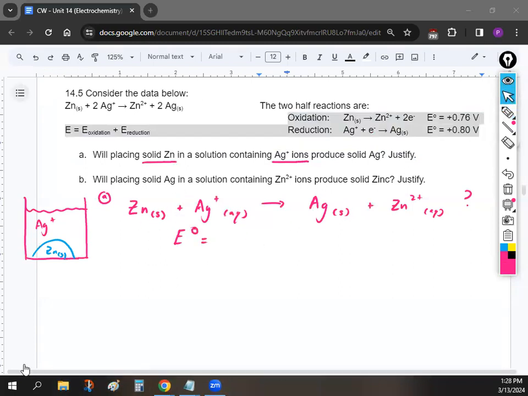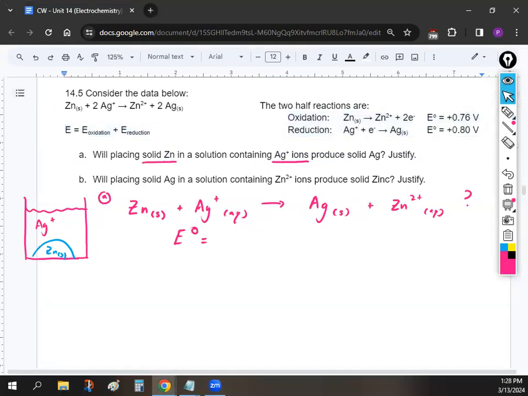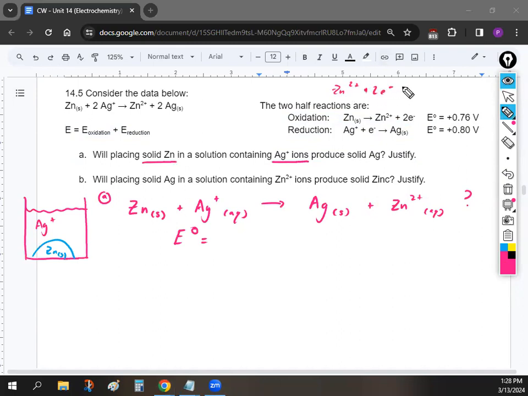We want to flip it when they don't give it the right way, because this one was being nice. It gave you the oxidation and reduction one. Remember how usually they gave it in reduction? So they would usually give it flipped already. So it'd be Zn2 plus plus 2e minus makes Zn solid, and that's when the electrical potential is negative 0.76. So if they weren't being nice and you had this, you would have to flip it to make it positive.